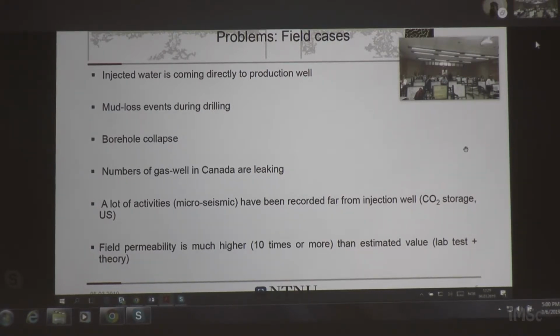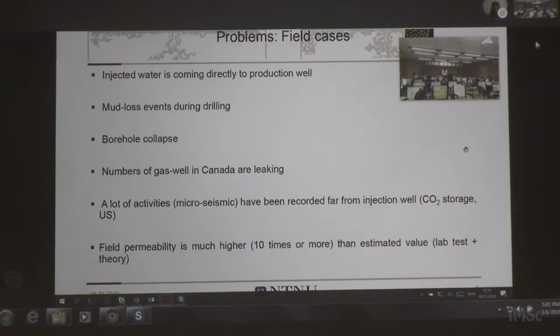During the drilling, another problem that arises is called mud losses. You know that during drilling, we have to use some type of mud. And if during drilling some fractures open up, then mud goes inside those fractures, and you get mud loss.